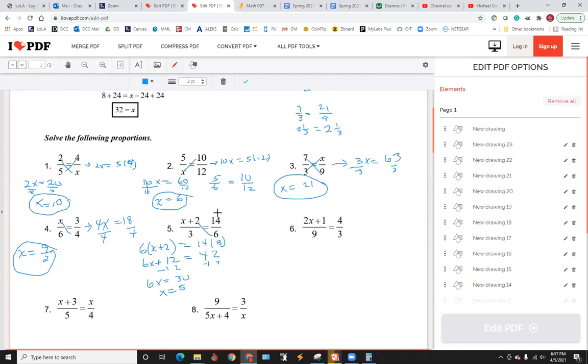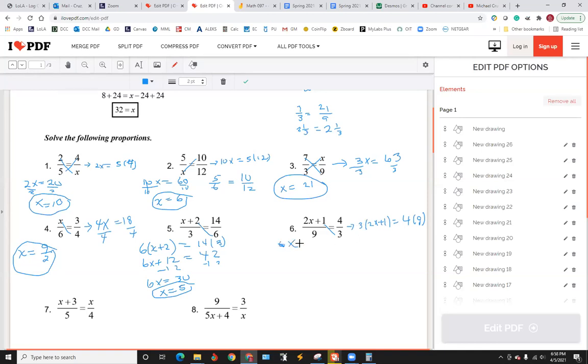And 7 over 3 is the same thing as 14 over 6. So 3 times 2x is 6x.